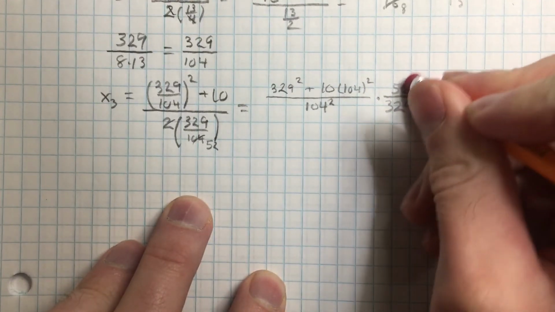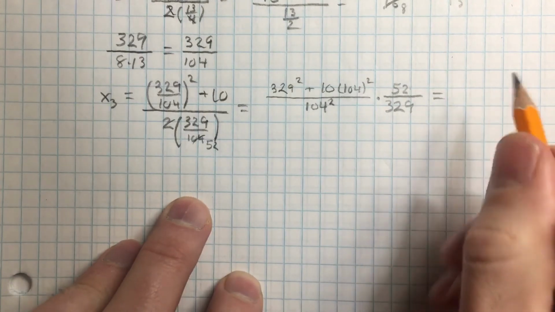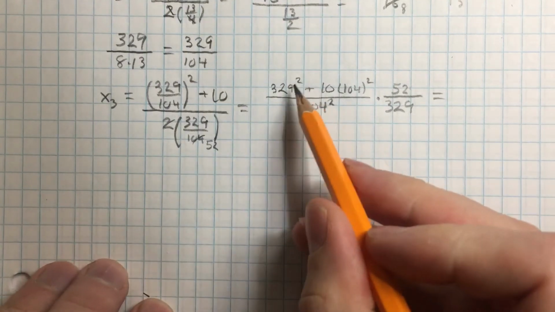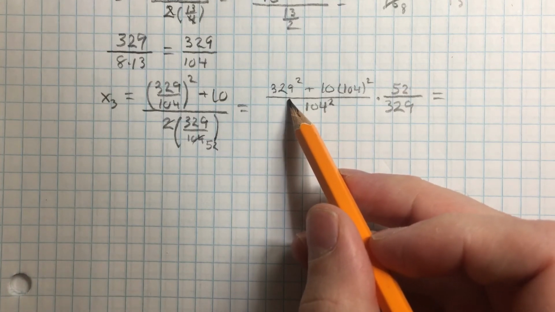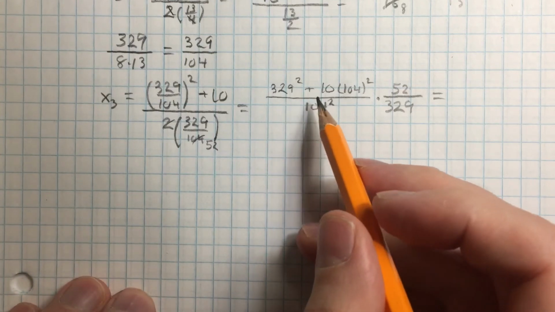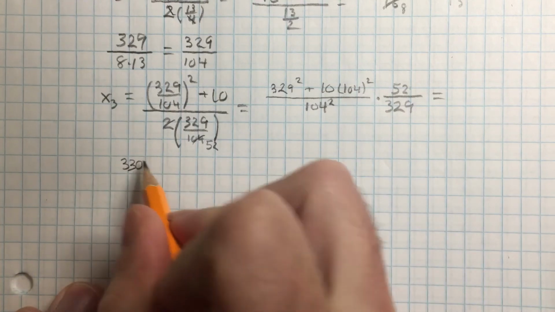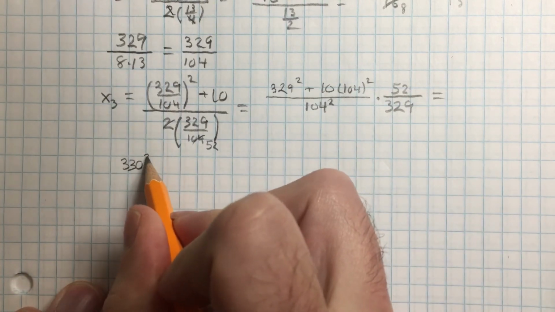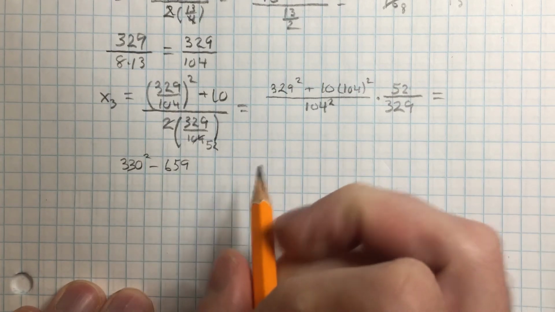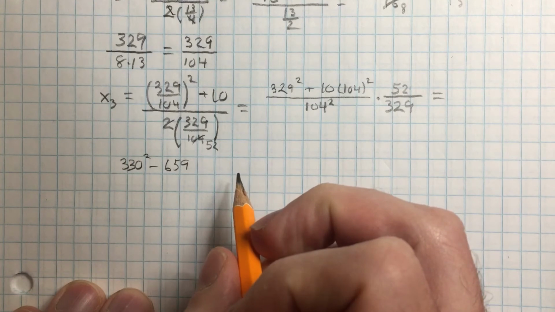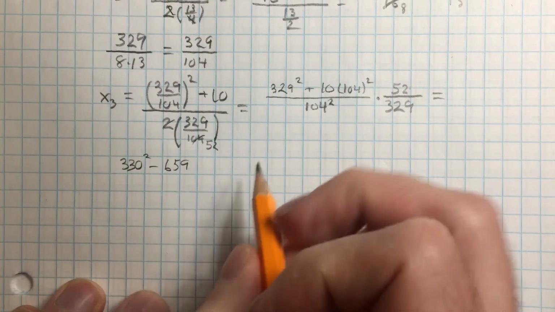So, let's see what we have. Writing down below here, we can view 329 squared as 330 minus 1 quantity squared. 330 squared minus 659, I think, if I treat it like that, which should be, let's try 108,241.